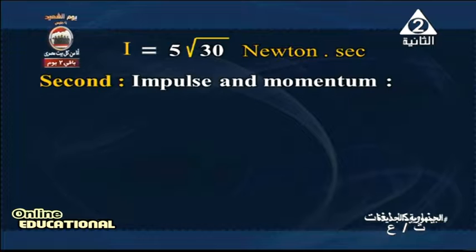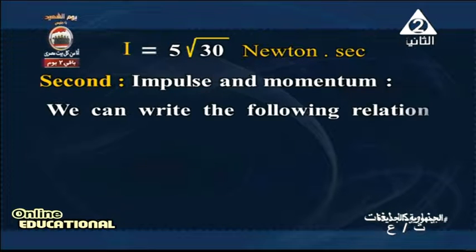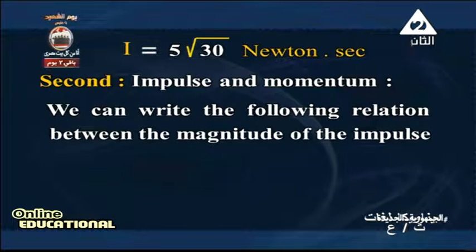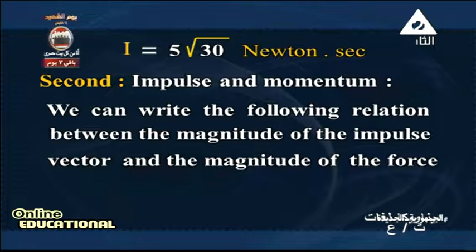Now, what is the relation between impulse and the momentum? We can write the following relation between the impulse vector and the force vector. We know that I equals Ft.